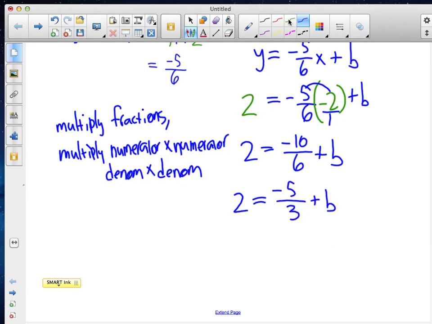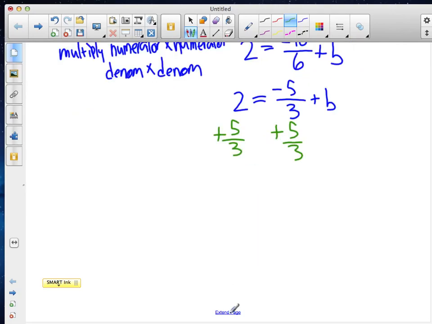Now I want b by itself, so I'm going to do the opposite of having negative 5/3. I'm going to add 5/3 to both sides, plus 5/3. Now again, adding fractions, we find a common denominator, so 2 plus 5 over 3 is equal to b.